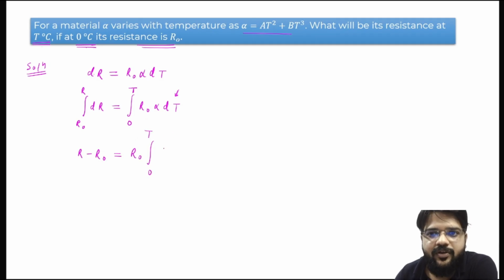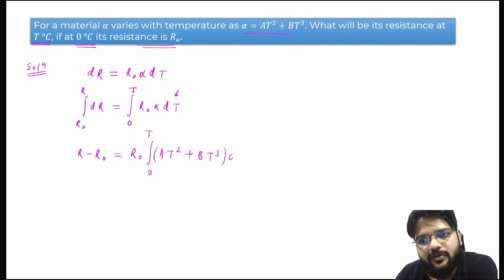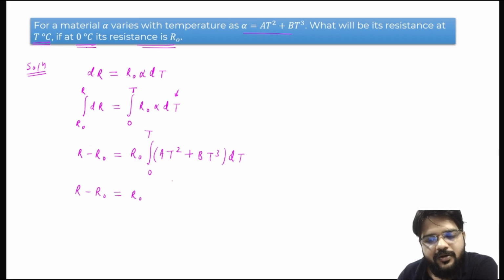And what is the value of alpha? It is AT square plus BT cube. Correct? So now R minus R naught equals R naught times the integration of this. A is constant, the integration of T square is T cube by 3.